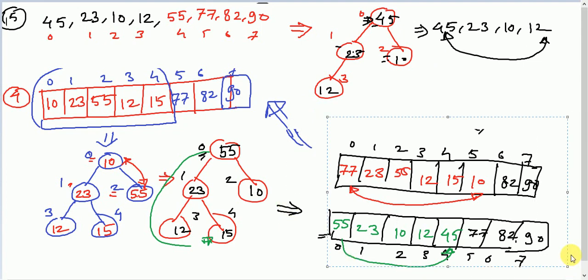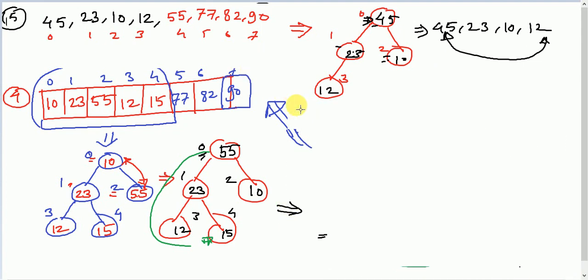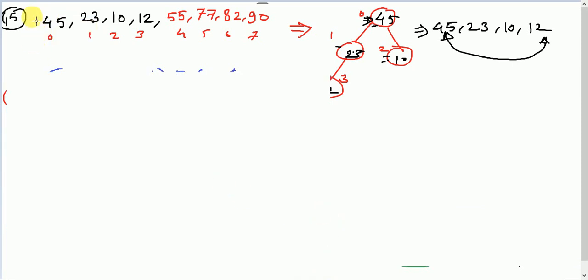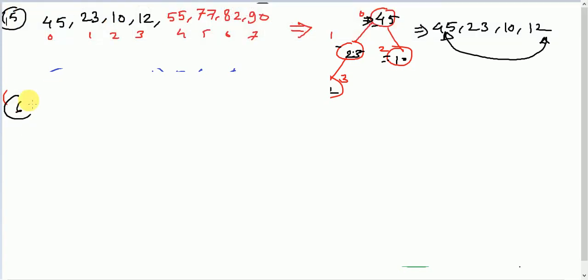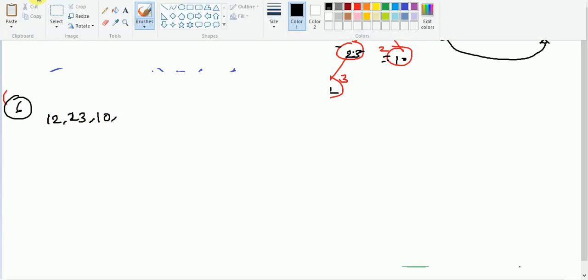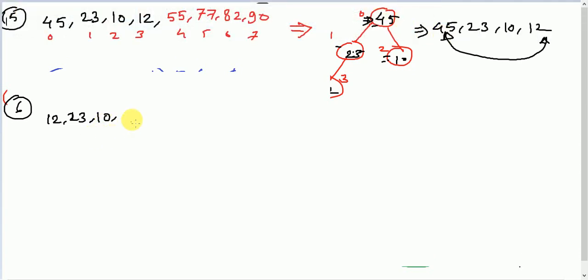After swapping this, we'll get the final array at the start of the 6th pass. At the start of the 6th pass we'll get the array like this: 12 will come first, then 23, then 10, and 55 is at its place, here 45.